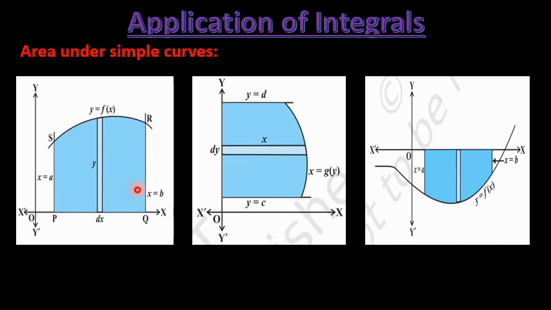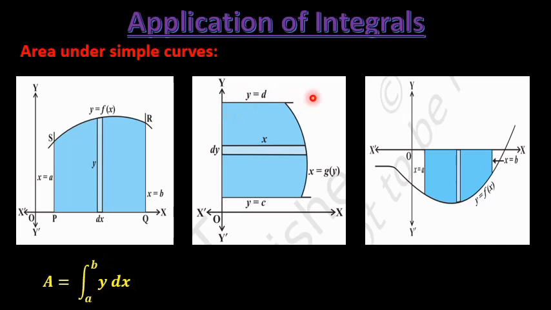So in order to do that, we have to integrate this function y equals to f(x) from this point p to q. So p is x equals to a and q is x equals to b. So we need to integrate this function along x direction from x equals to a to x equals to b. So the area PQRS, represented by A, will be given in this case by integration from a to b of y dx.